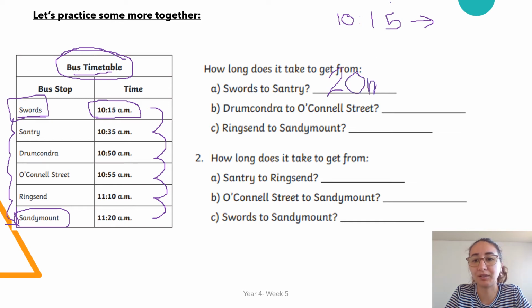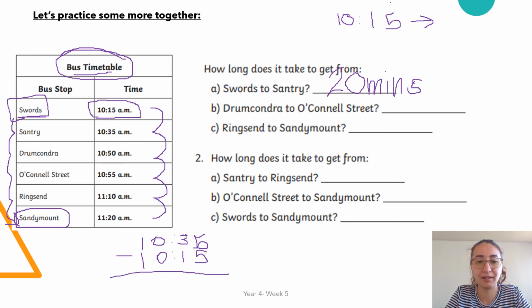You could also use your actual analog clock to help you with this, guys. The other way is to also use our subtraction. So we could get the 1035 minus 1015.